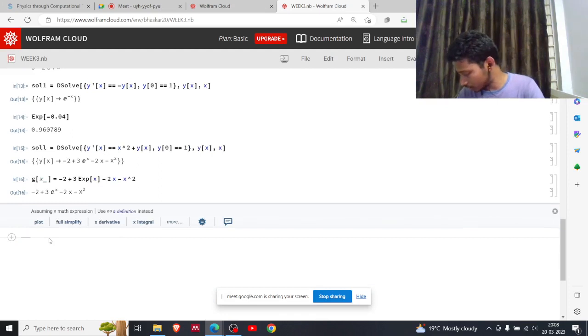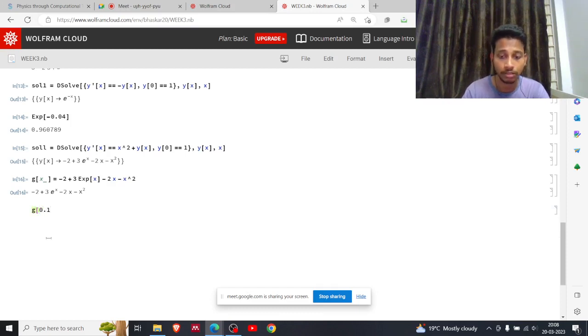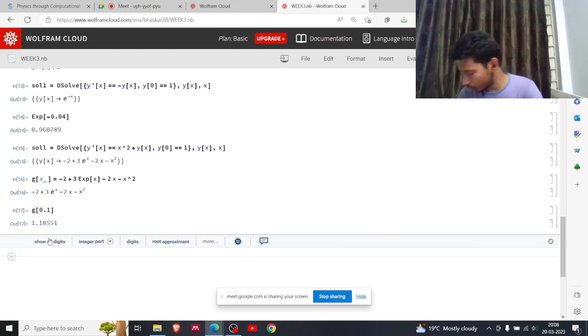Now I'll just compute the value of the function at x equal to 0.1. So g of 0.1 is 1.10551. So what we have found here by using the modified Euler is 1.1055, which is correct up to the fourth decimal place. And if you can remember, during that calculation it was not changing its value after repeated iteration in the modified Euler method.